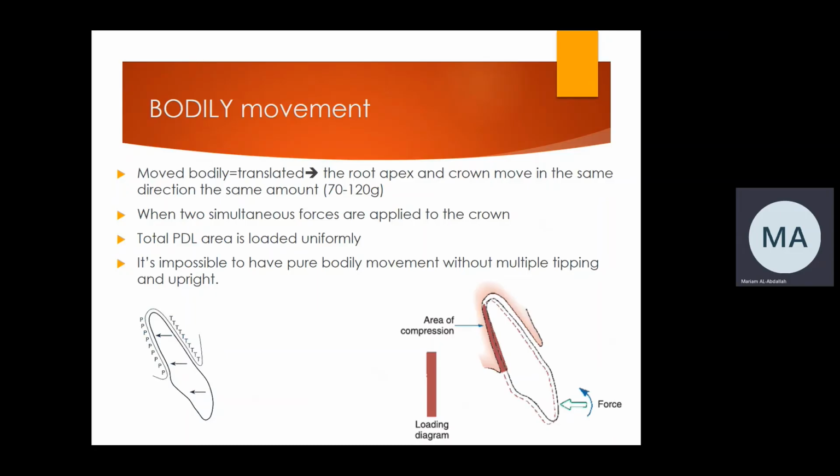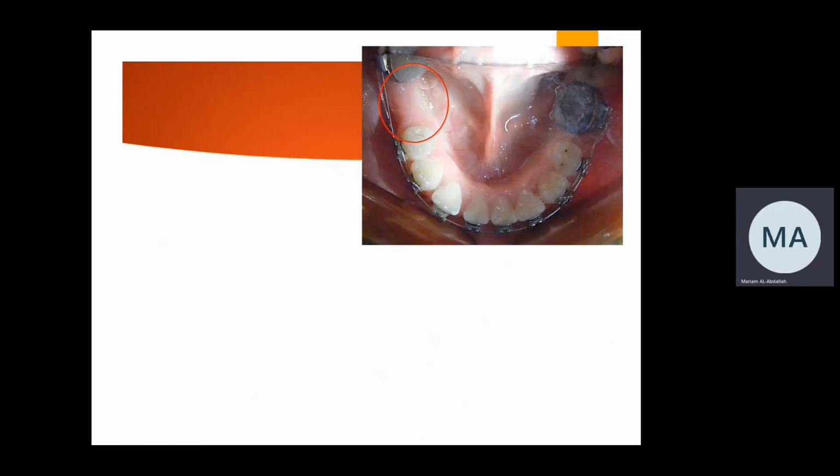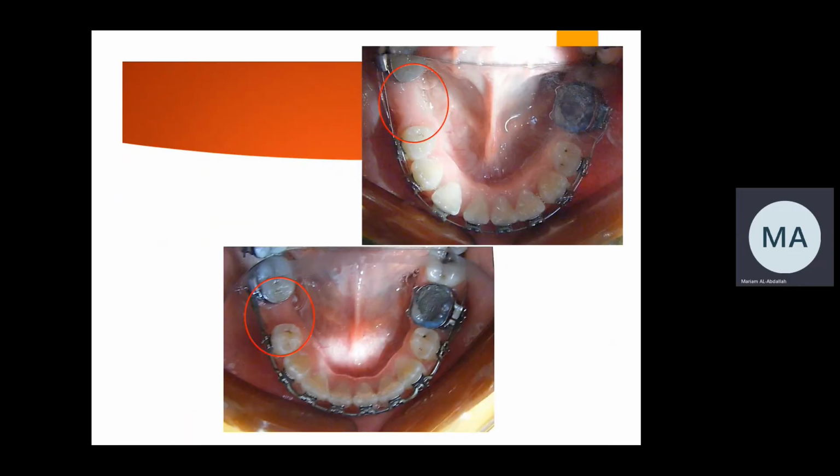So if we look at a tooth that is moving bodily, for example, this lower molar, as it moves from here, position A, to here, position B, we say, oh, this is a bodily movement. But if we look at the tiny details of the cascade of events, how the molar reached here, it's impossible to have a pure bodily movement. In between, you will have a little bit of tip and upright until the tooth actually reaches this new position.